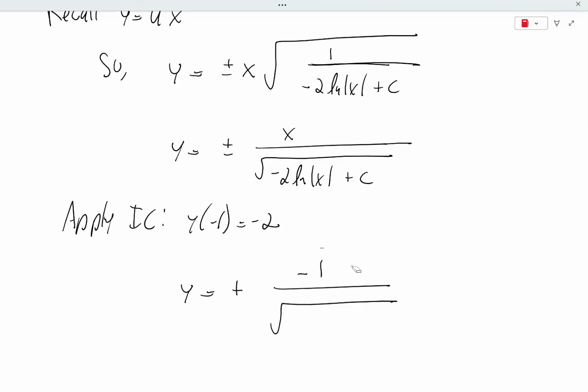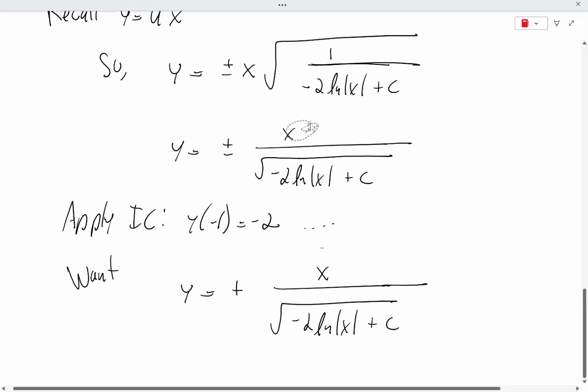Actually, let me do one more thing there. Before I apply the condition, for this one we want y equals plus, and this is the one we have to use here, x over. Okay, so you have to choose the plus one here.